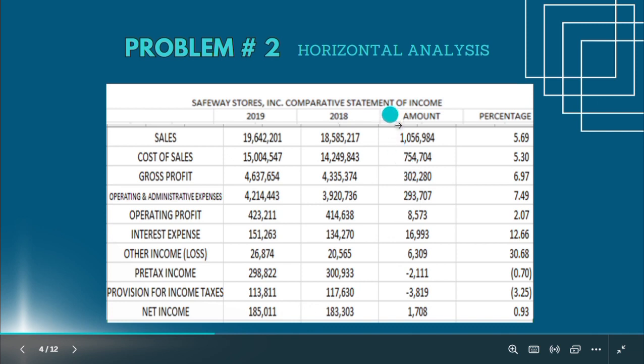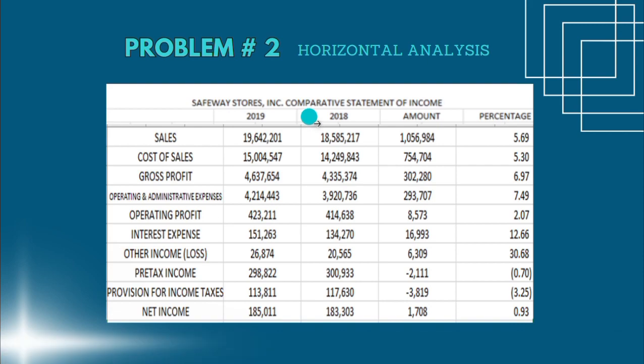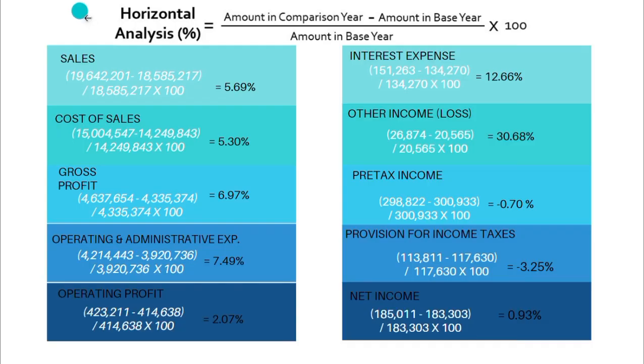For the column of amount, these represent the difference of the value of each item if we subtract the comparison year from the base year. For the next slide, I will show the step-by-step computation of how to get the horizontal analysis of each item in this income statement.